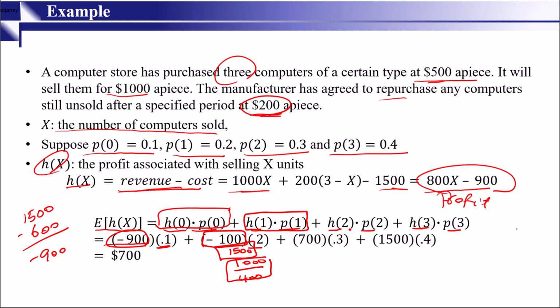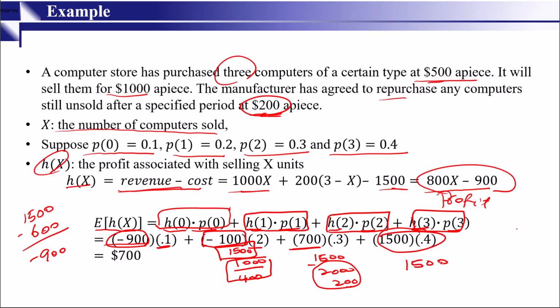Multiply 0.2. And then in here we say if he can sell two computers, he paid 1,500, he earned 2,000, and also 200 when he returned one, right? So these two minus this one, so 700 revenue. But when he sells all three computers, he can earn 3,000. So he paid 1,500 and he can earn 3,000.